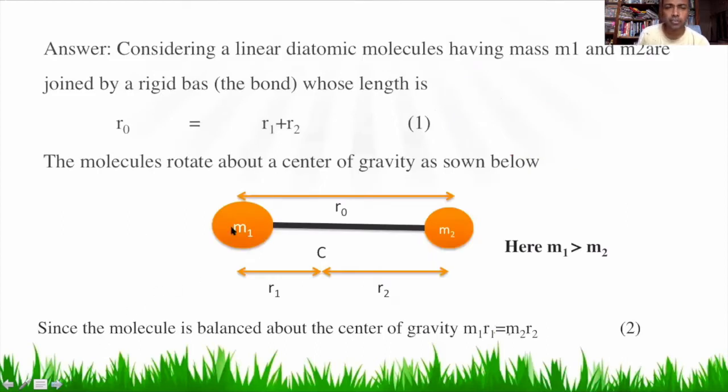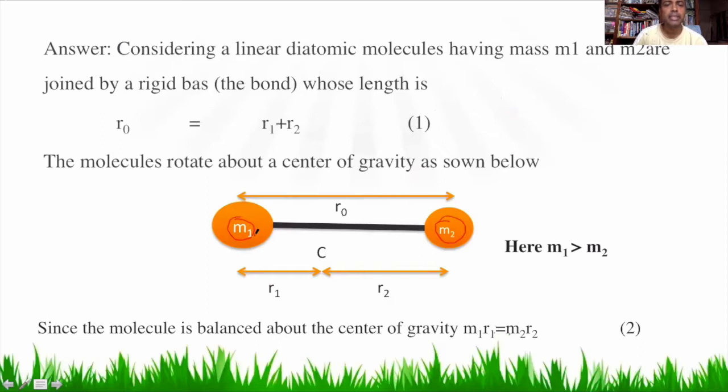So let us consider two atoms, one is 1, another one is 2. If the mass of one atom is m1, then for the other it is m2.